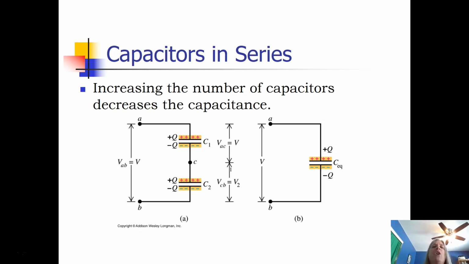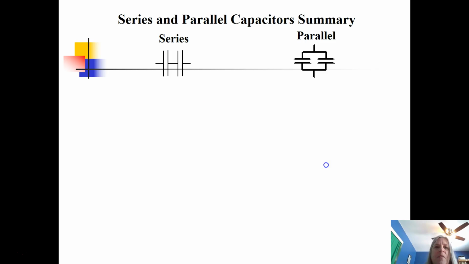So anytime we put capacitors in series, it decreases the total capacitance of the circuit, because capacitance is equal to the charge over the voltage. I have the same amount of charge on each of my capacitors, but my voltage is less than the battery. So I end up with less capacitance.